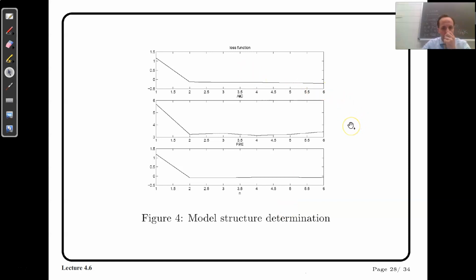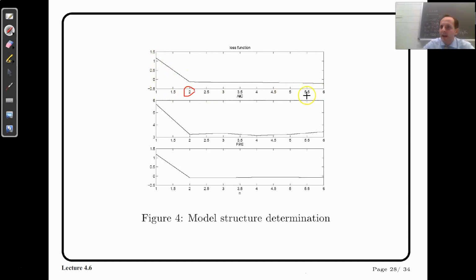These are examples of the behavior of the loss function. So you have the Akaike information criterion, final prediction error, and the minimum description length. But for example, in these cases, you can see that all these cost functions seem to suggest that the model order is 2, because you have a sharp decrease from model order 1.